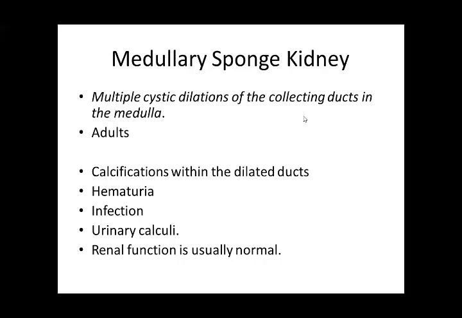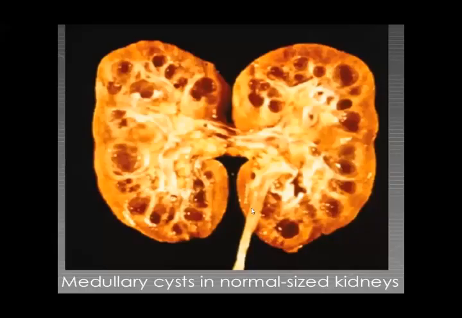Multicystic kidney dilatations are there in the medulla. It occurs in adults. Calcifications are there in the dilated ducts. There's hematuria, infections, and urinary calculi, and renal function, however, is usually normal. Just look at the cysts, look at the cortex.